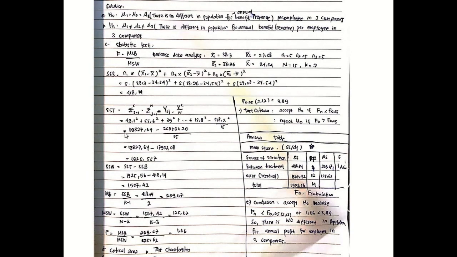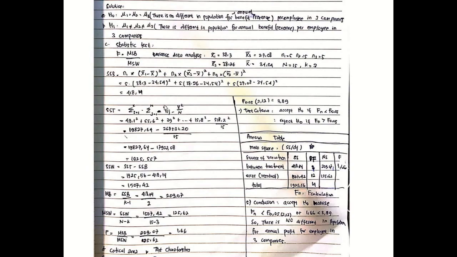Then we continue the calculation for SST, which has the formula: sum over i equals 1 to k, sum over j equals 1 to n_i, of y_ij squared, minus y squared divided by n.